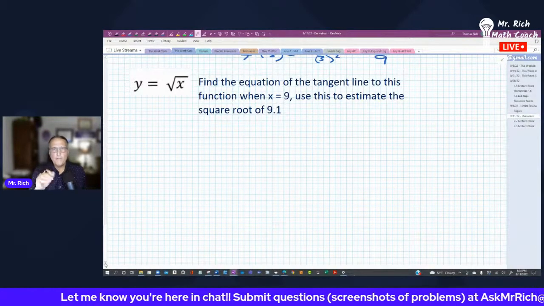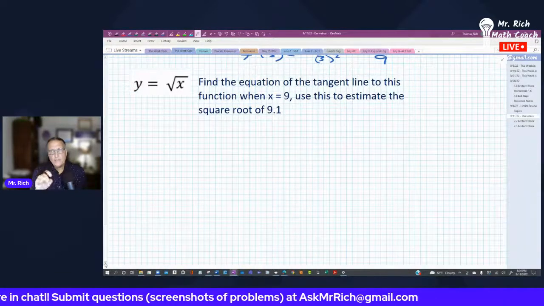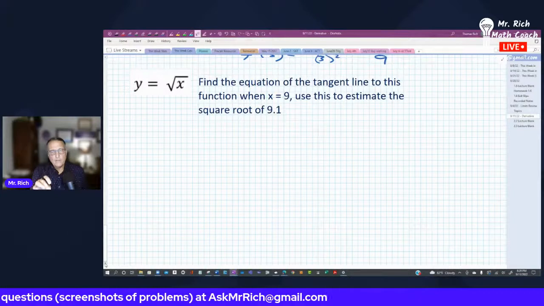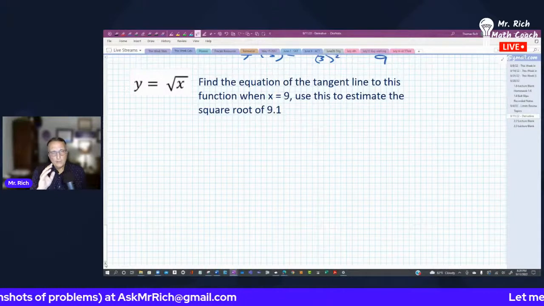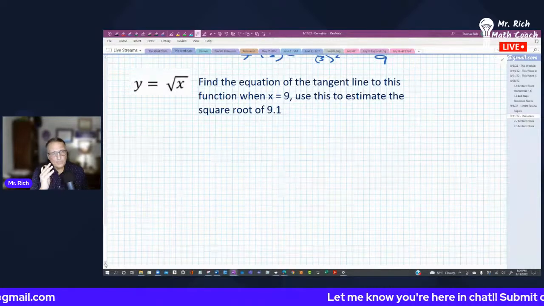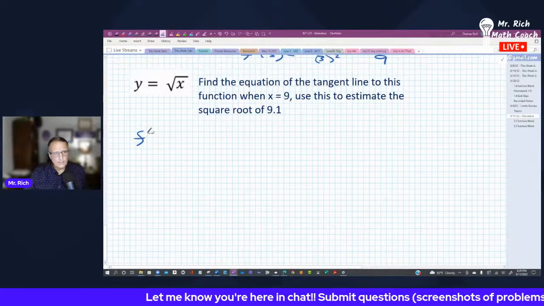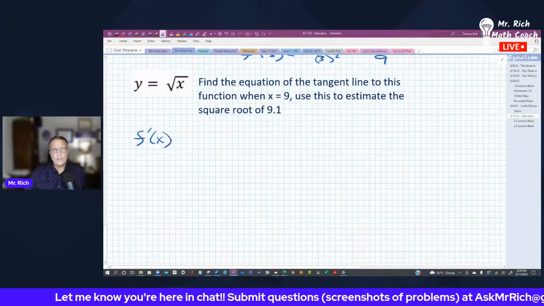So I'm going to use this as a chance to show you how to find equations of tangent lines, right? And I'm going to start off by finding the derivative of this function. It's the first thing I'm going to do. So this is f of x. I am going to find f prime of x.